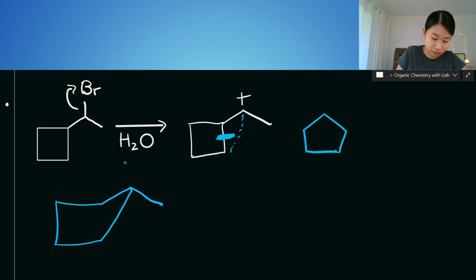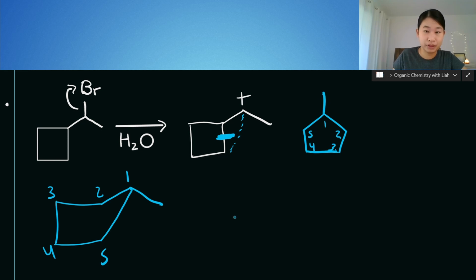And I number this, so I'll say 1, 2, 3, 4, and 5. I can also number my new ring. So at carbon number 1, I should have the methyl group. Now, carbon number 1 now has 4 bonds, because it has this implied hydrogen. This carbon here lost a bond from this bond breaking. So we would expect carbon number 2 to carry the positive charge.